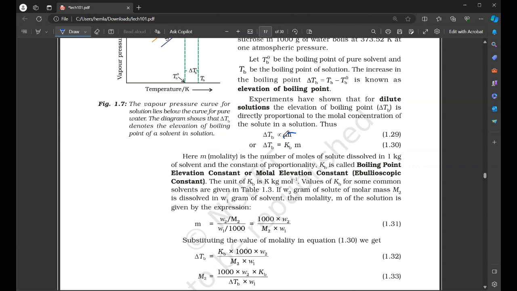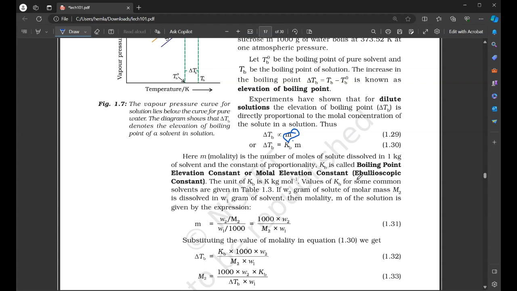This is molality, and thus delta Tb is equal to Kb times m. After removing the proportionality, this Kb is called the boiling point elevation constant or molal elevation constant.